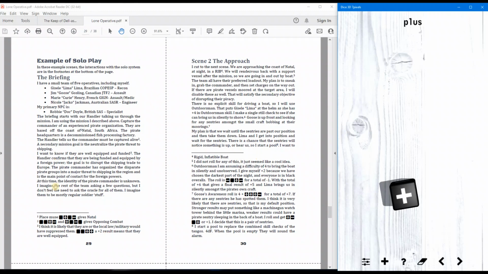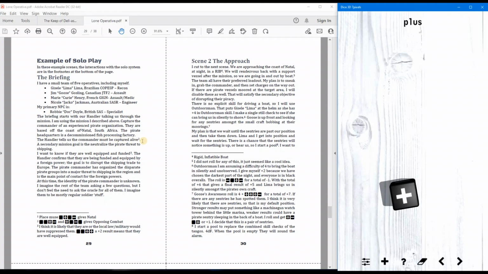And then the last big section here is an example of play, and I've put in little footnotes. I was on the coast and I rolled and it came up with Natal. I rolled and came up with two words of opposing combat.